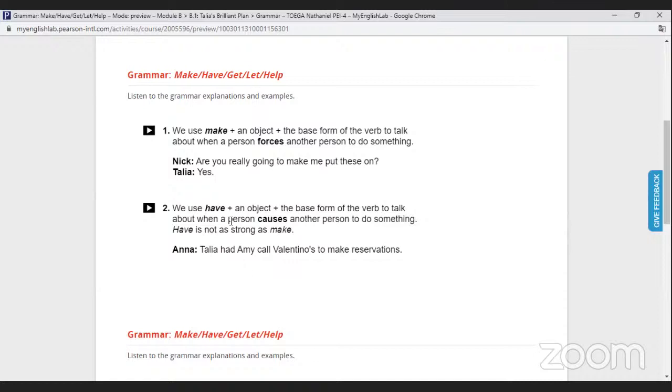Okay, so when you want to talk about the present, you can use the form have or has, right? Like Talia has Amy call Valentina's to make a reservation. That can be the present tense. But if you want to talk about the past, of course, with had. That's going to be the only difference that you can notice in that part.